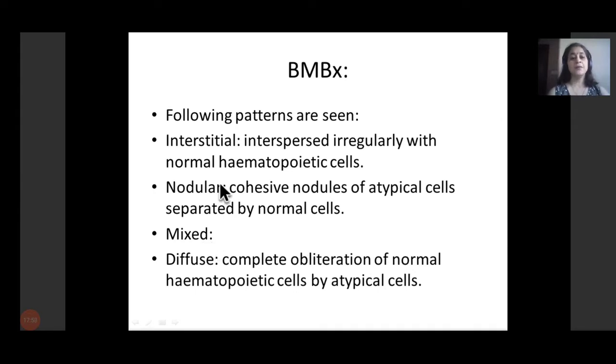Then we have mixed pattern, which again comes next to these two, interstitial followed by nodular followed by mixed, where we can have different components of all these patterns, interspersed, mixed, and nodular, and very rarely paratrabecular. And the diffuse, fortunately, is not so commonly seen, where the complete obliteration of normal hematopoietic cells by atypical cells is seen, but it is not that uncommon also.